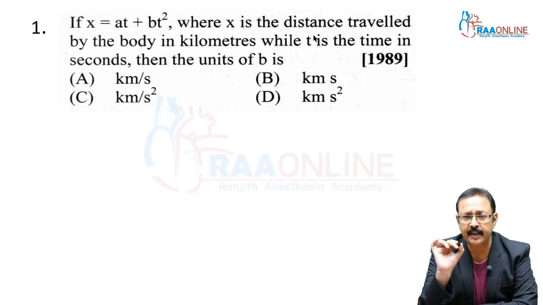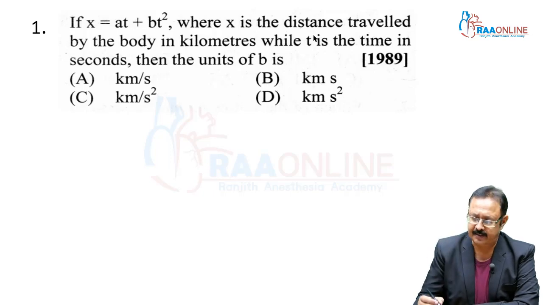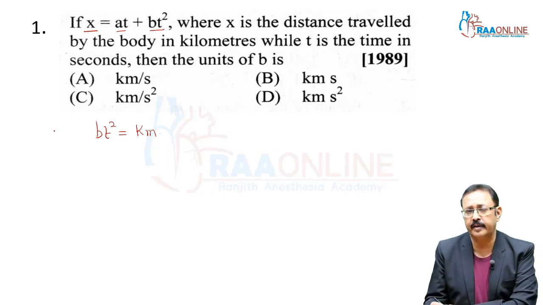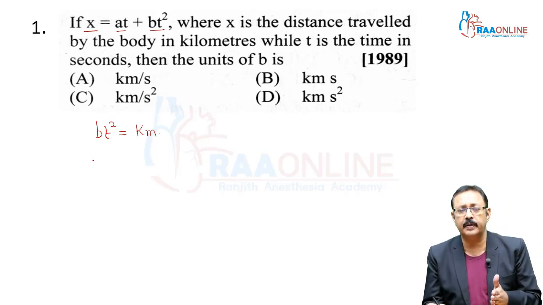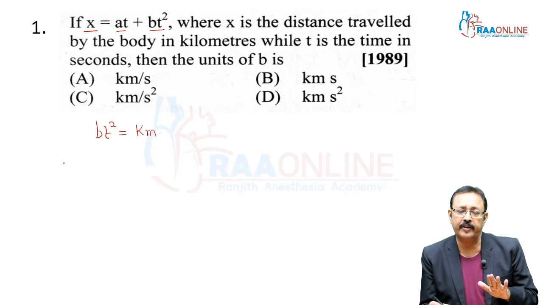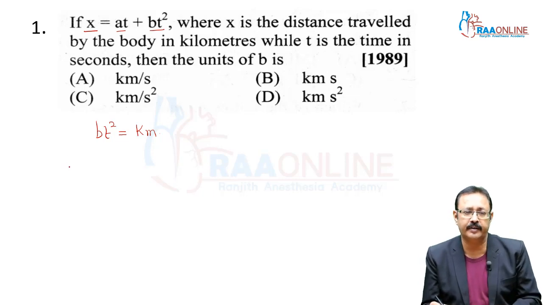So if X is distance, it means BT square should be in kilometer because X is in kilometer. 2 kilometer plus 3 kilometer can give you only 5 kilometer. 2 kilometer plus 5 meter cannot give you 7 kilometer.